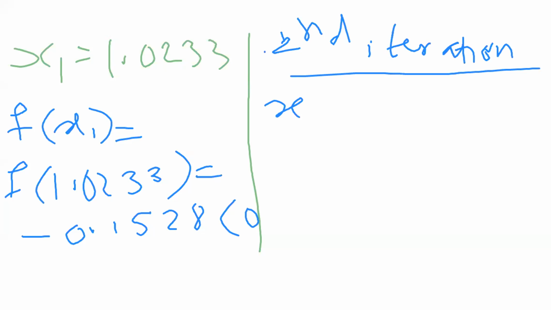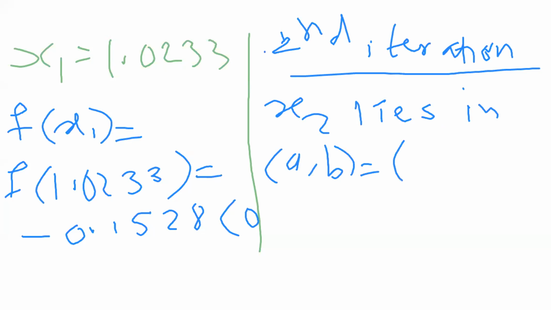So tell me now, what is the interval of x2? x2 lies in the interval AB. See, f of x1 is negative, so in the interval of x2, a is replaced by x1.